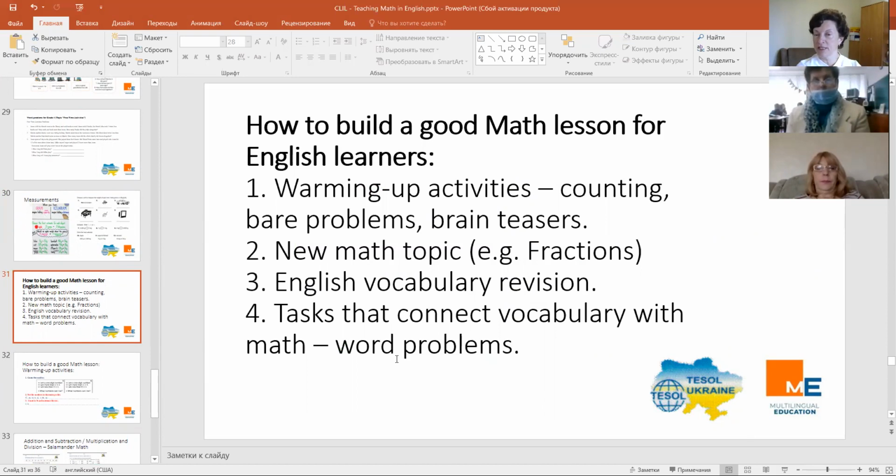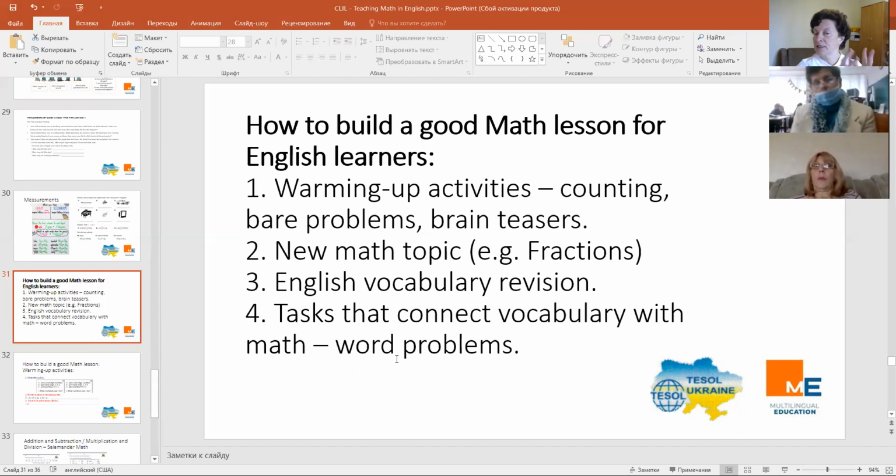They may be brain teasers, counting, bear problems, and so on. Then introduce a new math topic, for example, fractions, and review English vocabulary that you want to connect with this topic. With fractions, the best topics to connect would be food, cities, even animals.